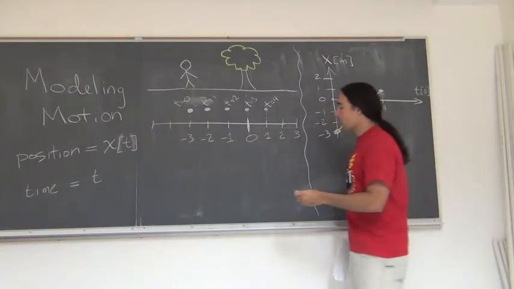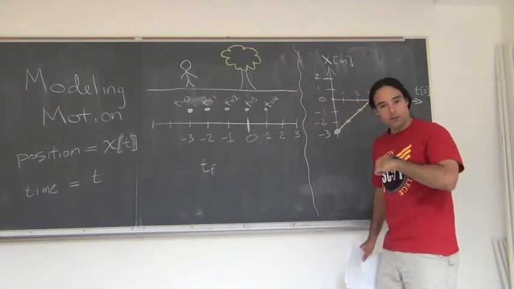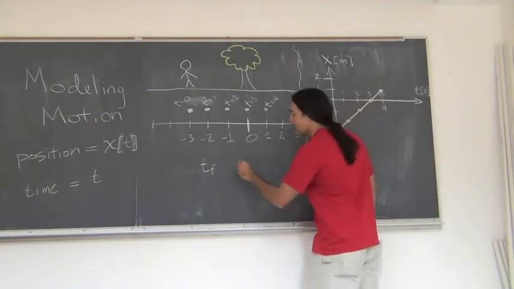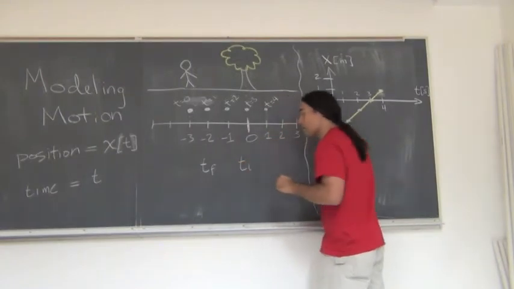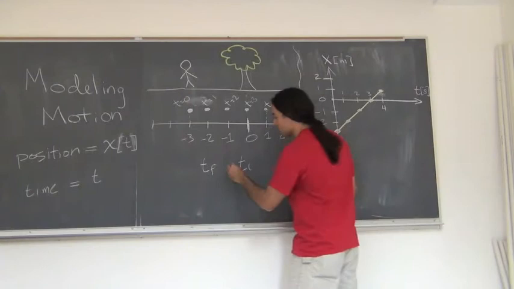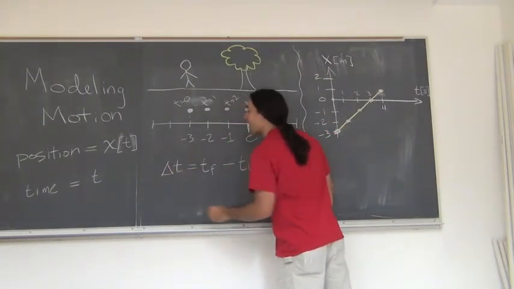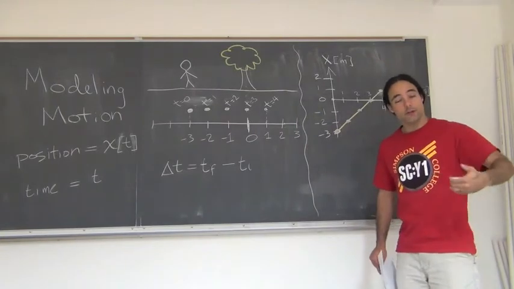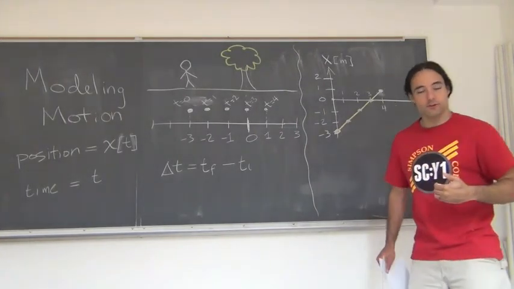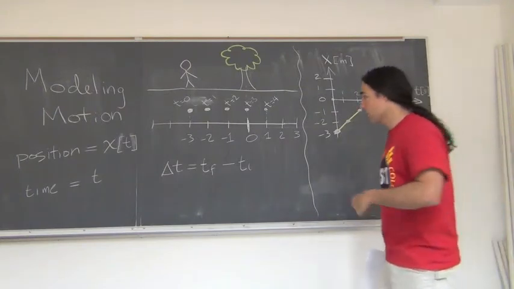So we can write down, there's a final time, which I'll call t sub f, and an initial time, which I'll call t sub i. The change in time, I'm just going to denote that by delta t. Delta, for most physics and chemistry situations, just means the change in some quantity.